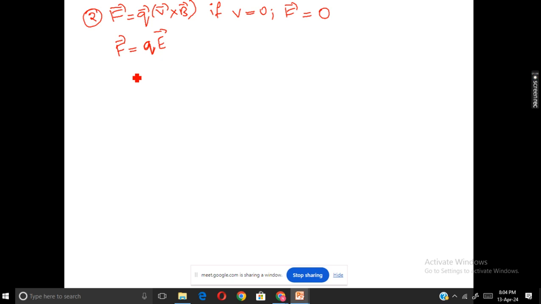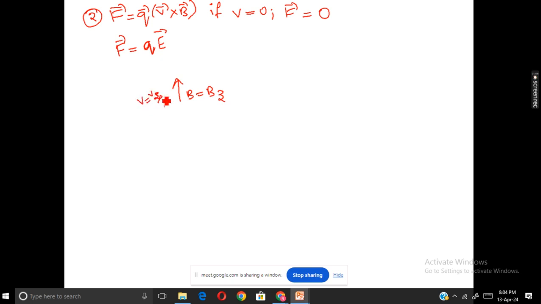And the third one, magnetic field exerts force on charge moving parallel to the direction of the field. Suppose consider that this is the direction of the magnetic field. So B is equal to B along z. And the charge is also moving in this direction.